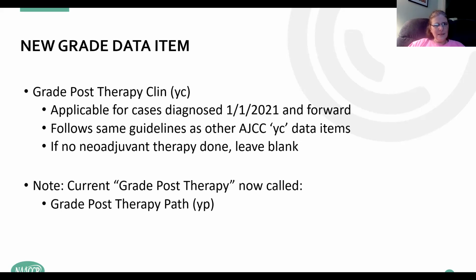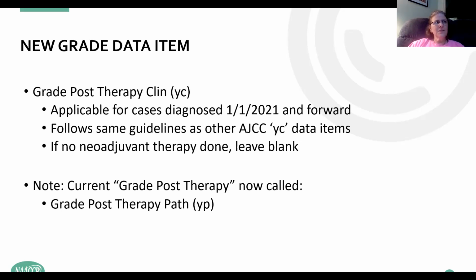For the YC, the requirement on the YC data items is that it's only required when the patient has neoadjuvant therapy and they have a clinical workup and their surgery is canceled. So that's the only time it's required for the YC data items. You can fill it in for anything.